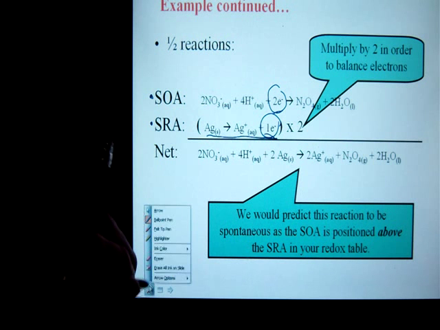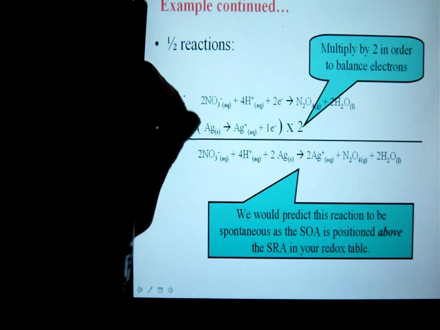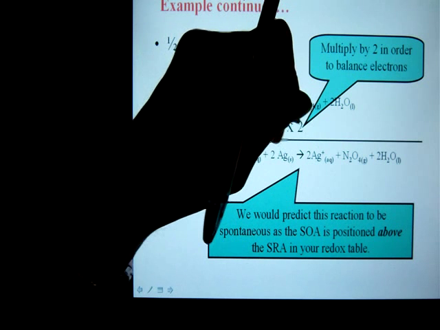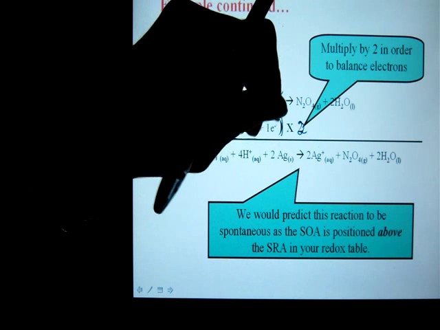In this one I have a gain of 2 and loss of 1, which means I have to multiply this whole half reaction by a factor of 2. That's going to balance out our electrons, and then we can get our net reaction. To do that, I cancel out my electrons because they end up being the same.